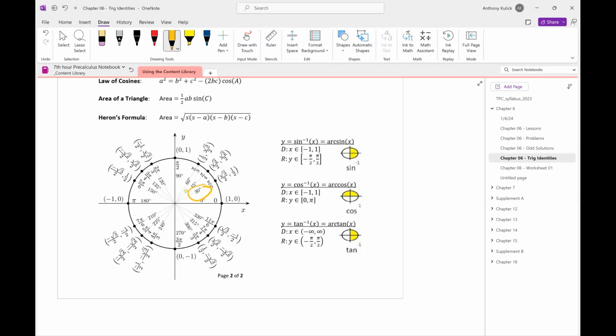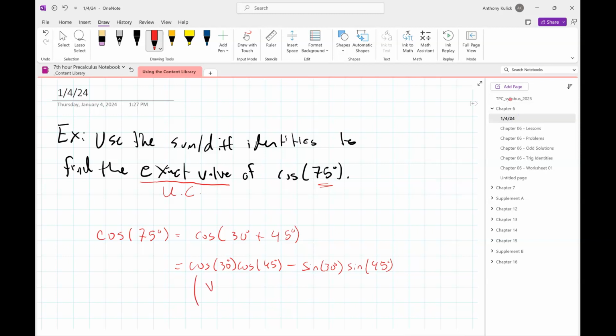Very good, thank you, Nora. So that's just going to be square root 3 over 2. And sine of 30 degrees is the y coordinate at 30 degrees. That was 1/2.